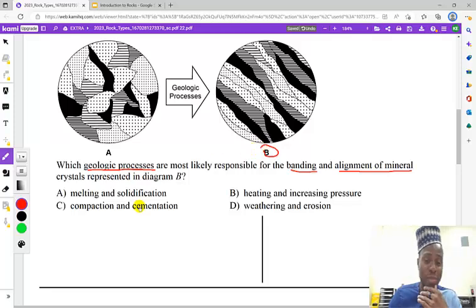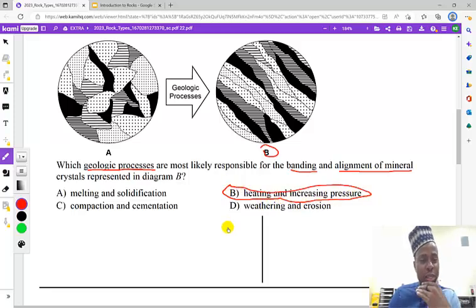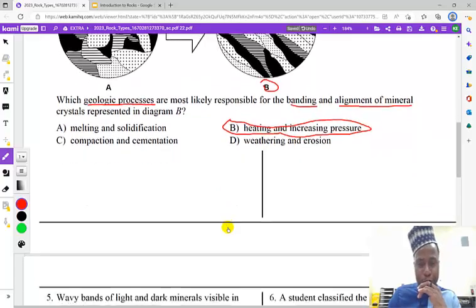If your guess is as good as mine, this definitely has to do with metamorphism, which has to do with heat and pressure. So our answer here, melting and solidification, no. Compaction and cementation, no. Heating and increasing pressure does look like it. That is metamorphism, a result of heat and pressure. So our correct answer there is B.